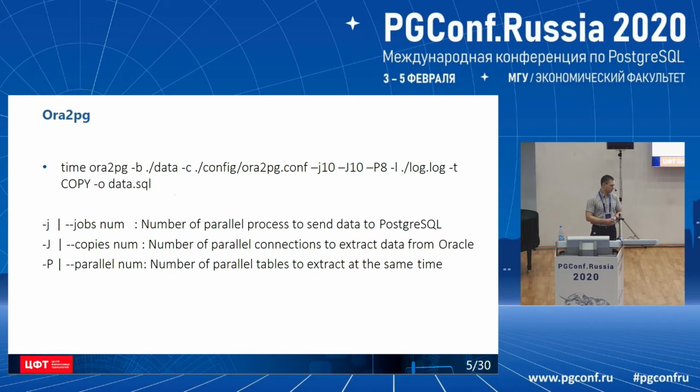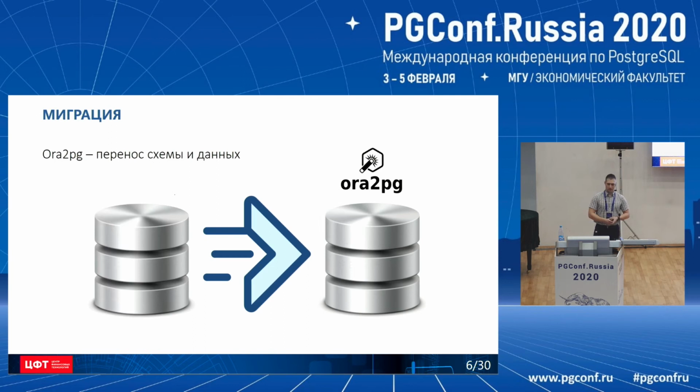In the article described earlier, nothing was mentioned about it. So when we were just launching it, we did it without a parallel path, and so everything turned out to be, simply put, very long. And so what do we have? We have Ora2Pg, which is able to transfer both the schema and the data.